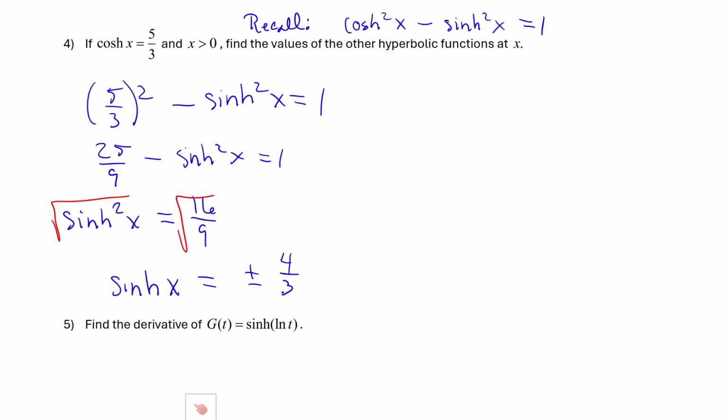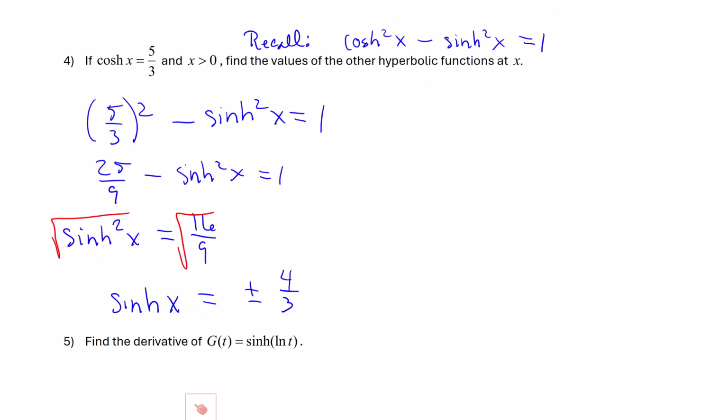Of course, then we can decide based on the plus or minus from the condition we had earlier been given, which is that x has to be positive. And so we'll say sinh is the positive 4/3. And so we'll box that up.